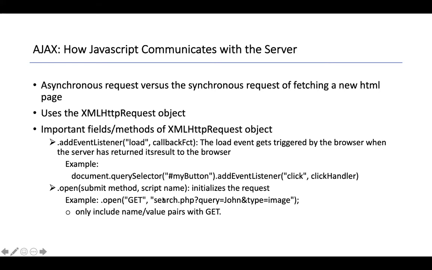Then you give as the second argument the name of the script, and if it is a GET or POST, then the name-value pairs using the same kind of URL construction technique you saw earlier in the course. So here we're calling the search.php script, and query and type will be keywords in the $_ array on the server side.